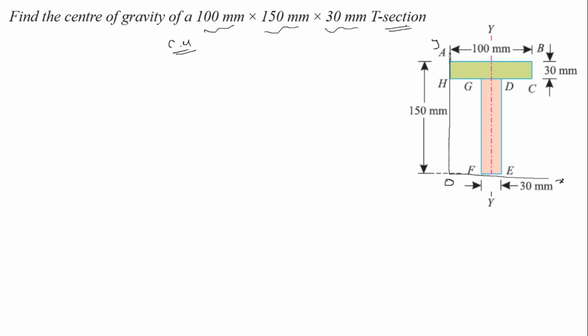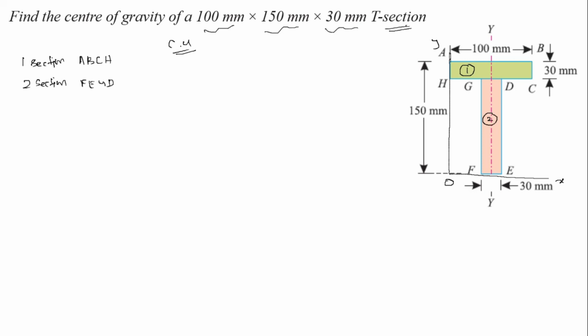So, we have to divide this given section into two sections. This is the first section and this is the second section, right. So, two rectangles are there. The first section is A, B, C, H and the second section is F, E, G, D, right.